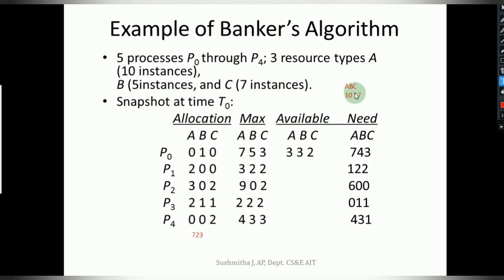Among 5 instances of resource B, there are 2 instances that are already allocated. Among 7 instances of resource type C, I'm sorry, this had to be a 5. I just miswrote it.